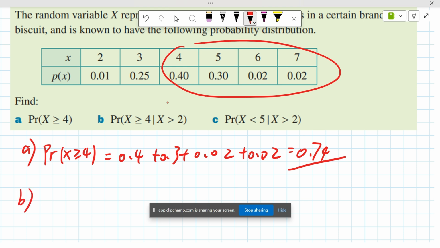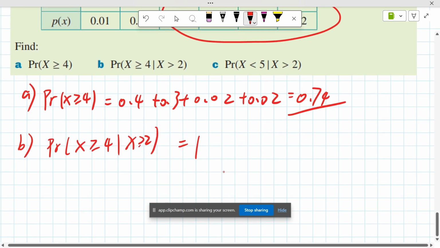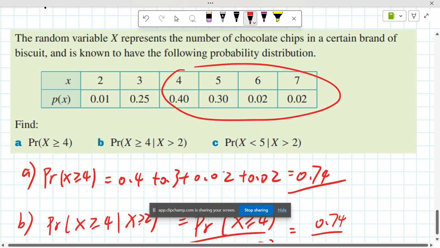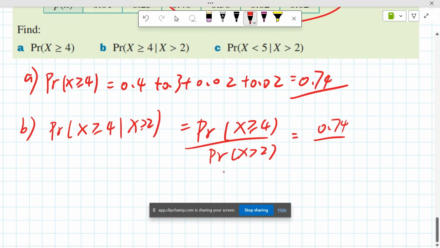And probability of b, so probability of x greater than equal to 4 given x greater than 2. Okay, so now what we do is, because it's given, the intersection will be x greater than equal to 4 over probability of x greater than 2. So that equals 0.74 over what's the greater than 2, so which is 0.99.